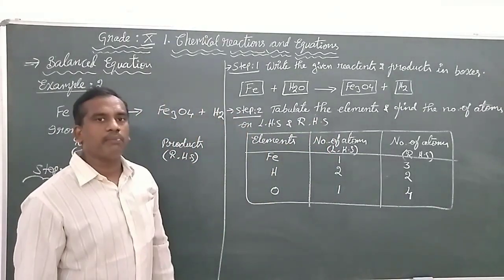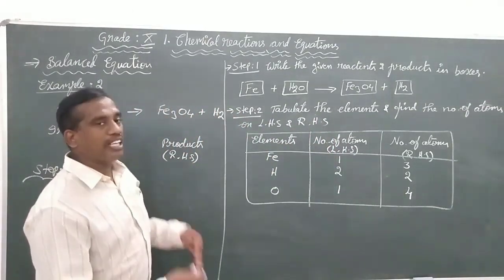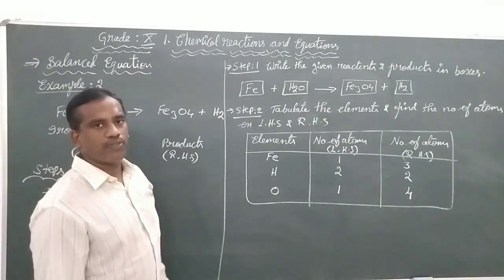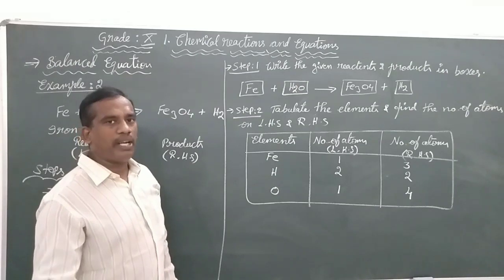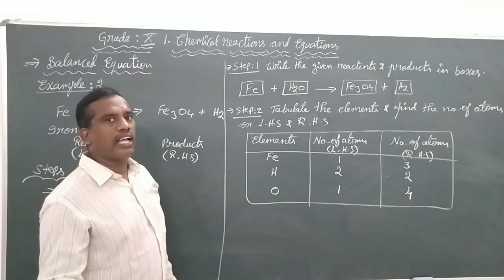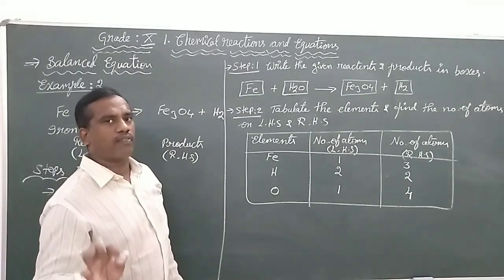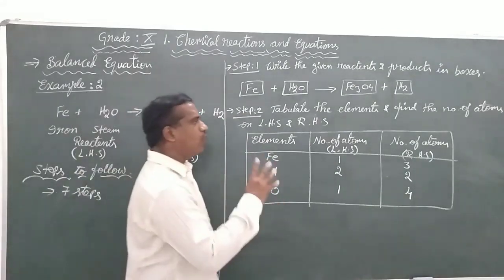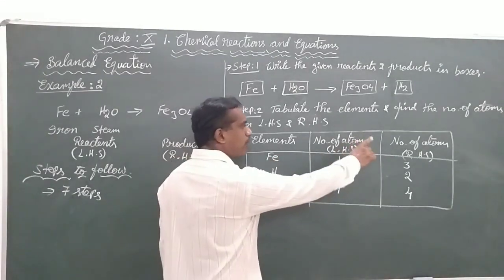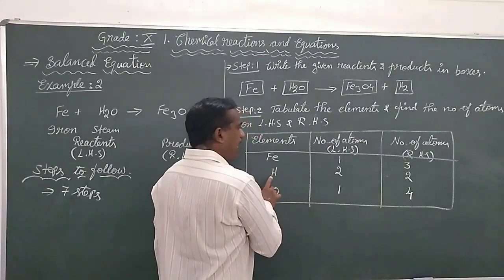How to start balancing this unbalanced equation using the second step? You choose the element from the compounds that is having maximum in number. In the whole table, on the LHS, iron is only 1, product side is 3.